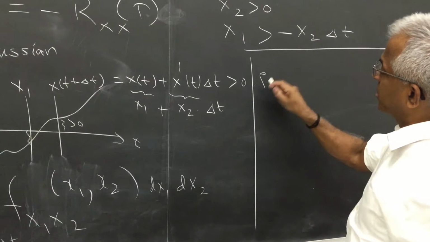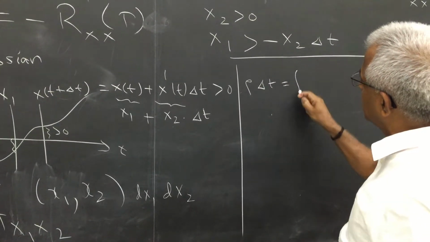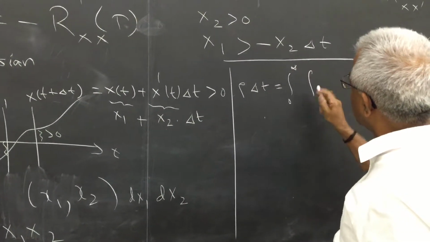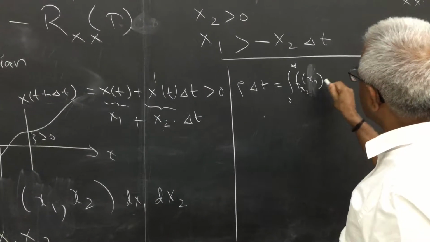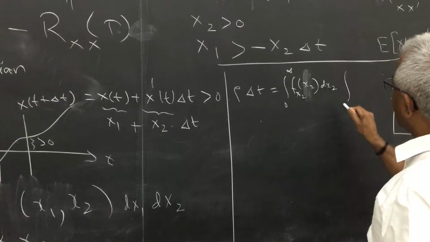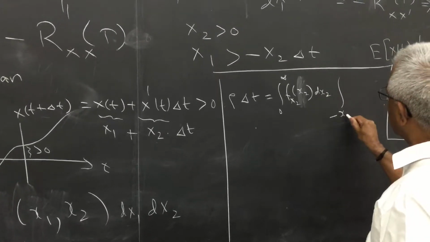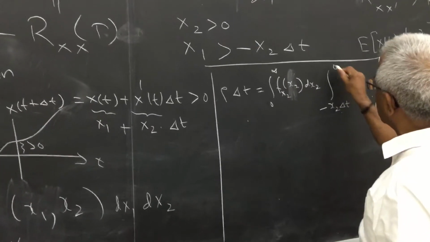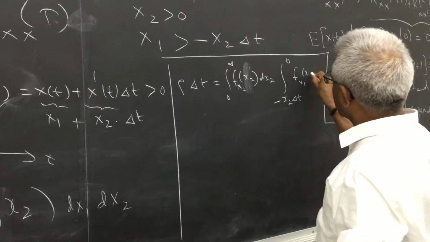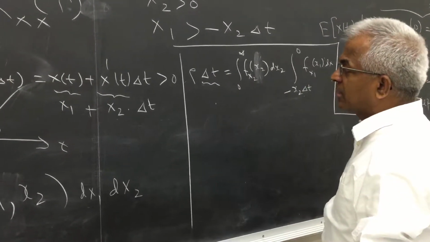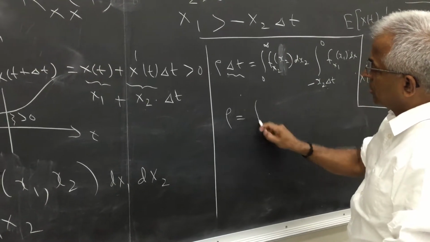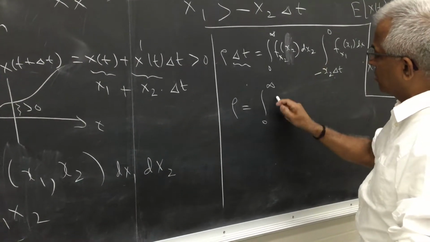So we have, to copy that expression, delta t times the integral from 0 to infinity of f x2, and x1 goes from minus x2 delta t to 0 of f x1 dx. Now if I take the derivative with respect to delta t, I get rho. Here, this is all independent of delta t.